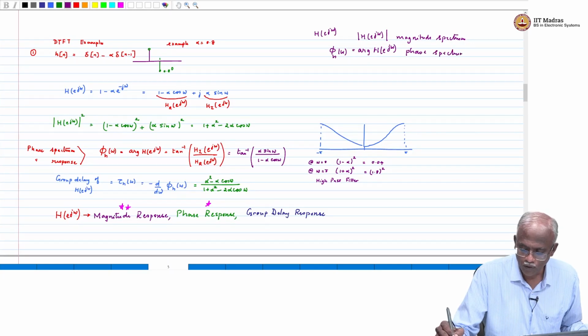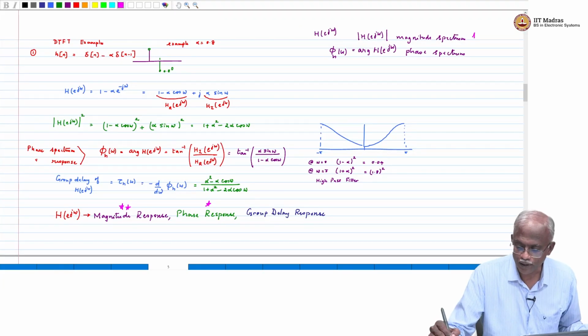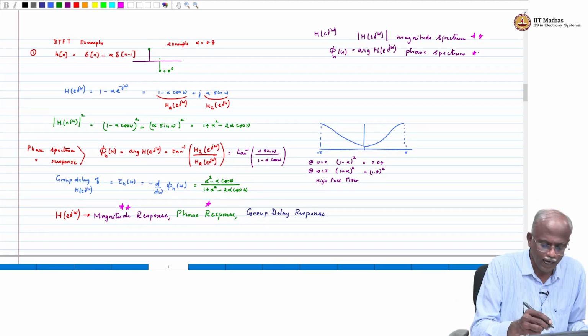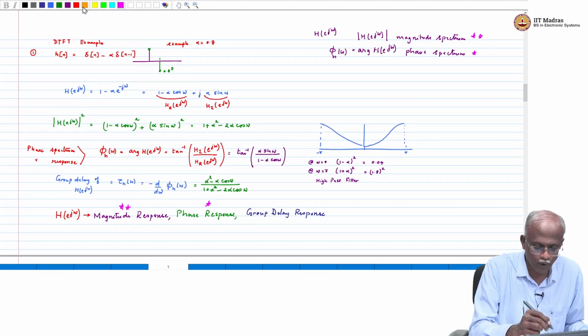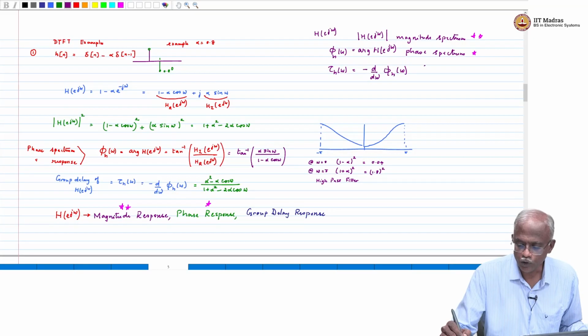Most of the time we are computing the magnitude spectrum. Occasionally we will calculate the phase spectrum, and very rarely, but still important, we do calculate the group delay spectrum, tau h of omega, which is given by minus d by d omega of phi h of omega. This is called the group delay function, or group delay spectrum.